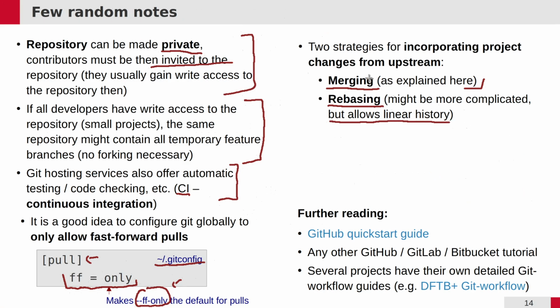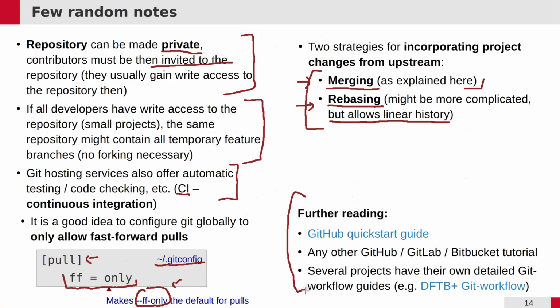So please make sure when you contribute to a project, check the project's Git workflow and try to find out what they prefer, whether they prefer merging for the feature branches in order to keep up to date with the changes on the main of the upstream project, or whether they prefer rebasing. If it's rebasing, then make sure that you understand how to do that. And otherwise, here you have just a few readings.